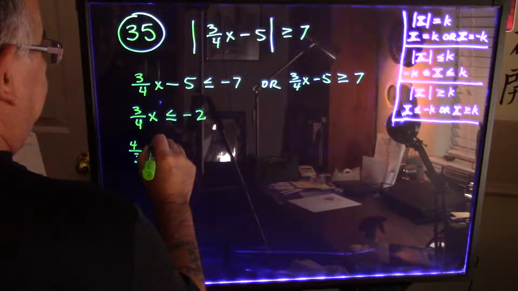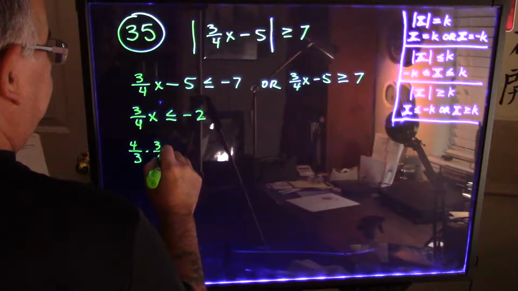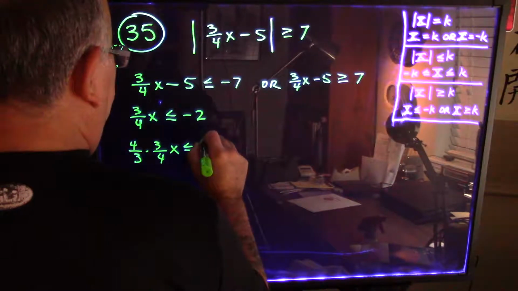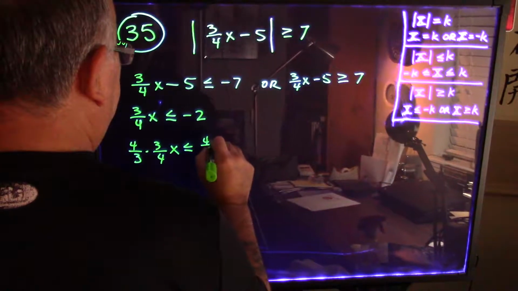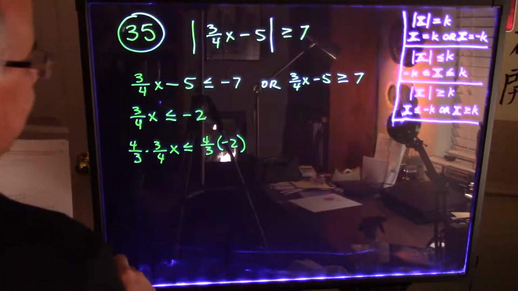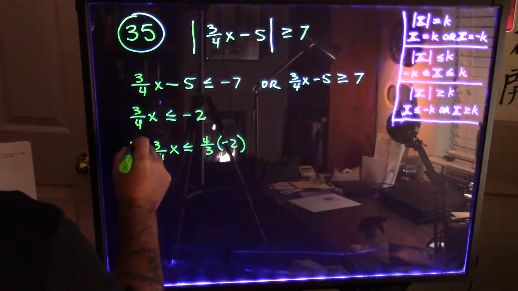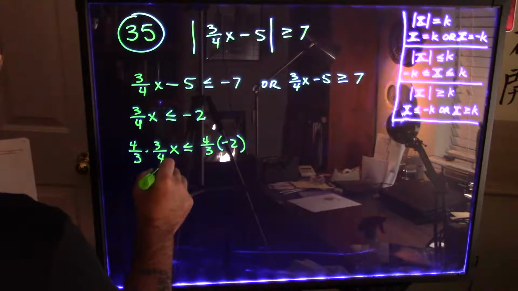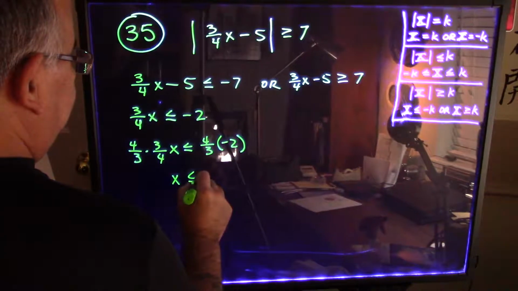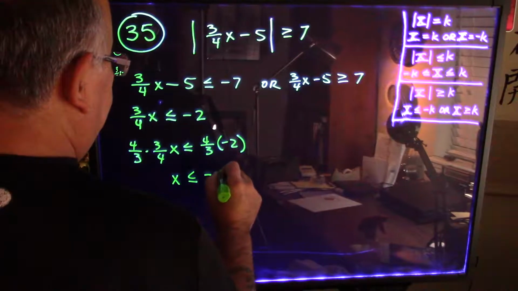So that's 4/3 times 3/4 x is less than or equal to 4/3 times negative 2. So everything cancels out here, and that's just 1x, which is x, is less than or equal to negative 8/3.